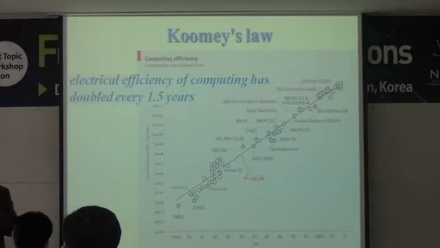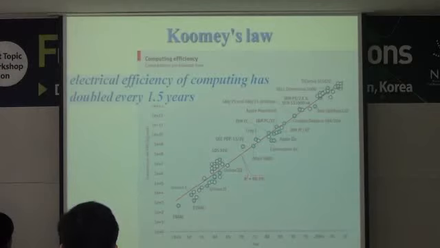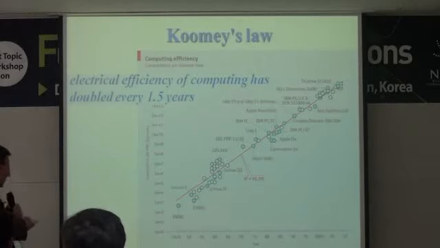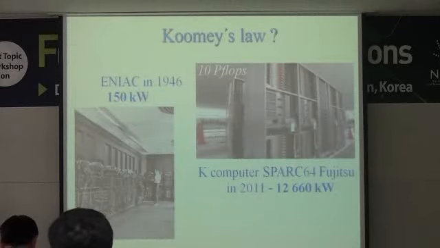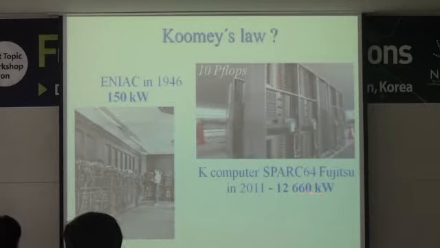It is the same time as the performance, but something is wrong, because if all the three laws are true, then we cannot understand why the first computer needed 150 kilowatts of power, and today's most powerful computer needs 12 megawatts of power.